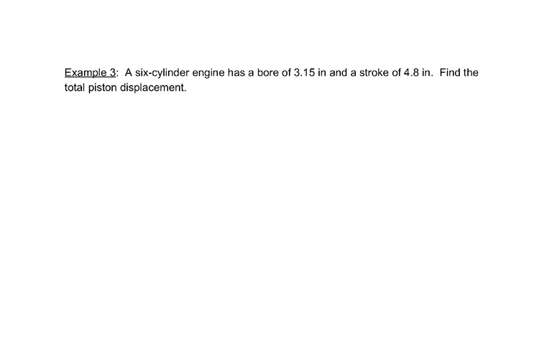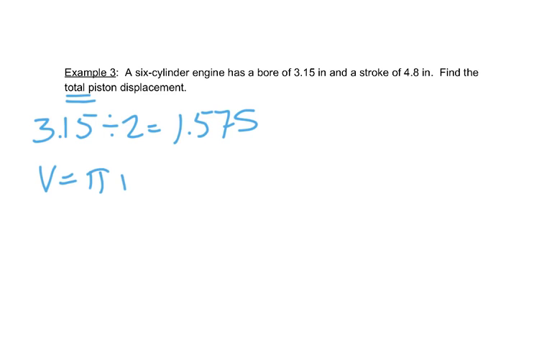The 6-cylinder engine has a bore of 3.15 and a stroke of 4.8. Find the total piston displacement. So we're going to start off the same way. We'll take 3.15 and we'll divide by 2 to get our radius. And that's 1.575. And then we're going to find the volume.